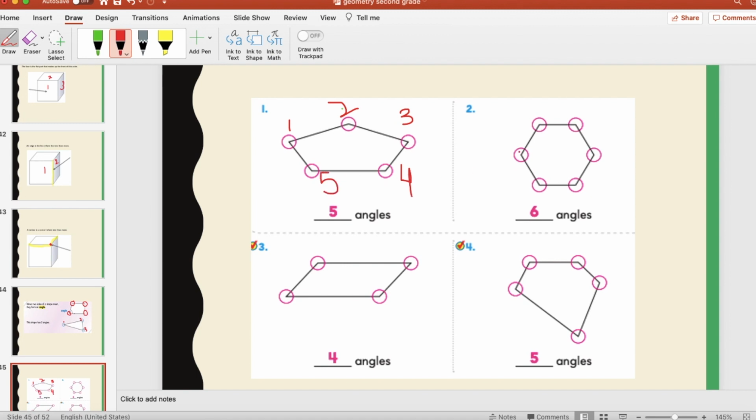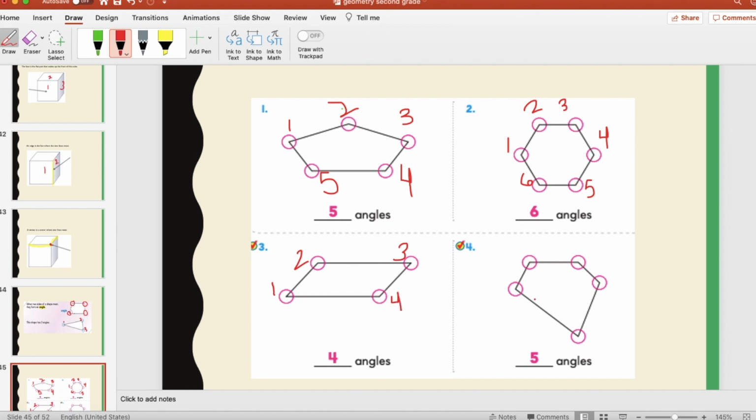Over here in our hexagon, a hexagon has 6 sides. This has 6 angles. So we have 1, 2, 3, 4, 5, and 6. Over here in our parallelogram, which is a member of the quadrilateral family because it has 4 sides, this has 4 angles. 1, 2, 3, and 4.